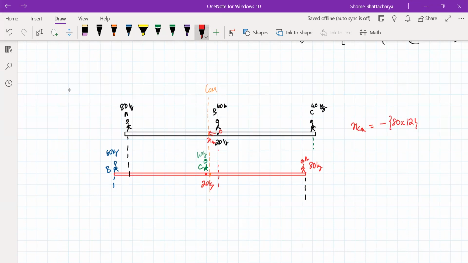And on that side, I have plus of 40 into 12 divided by the total mass of the system, which is 200 kg. You understanding? With respect to the center of the plank as my origin of my coordinate frame, what is the position of the center of mass? It is XCM, which will be this negative quantity, right?